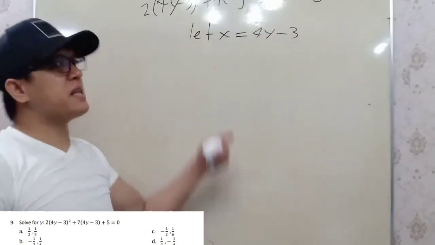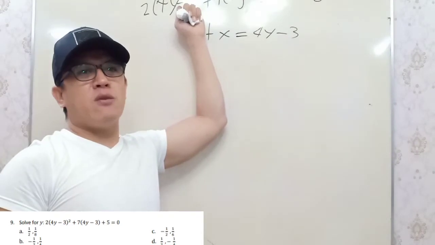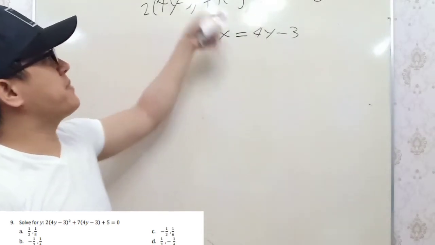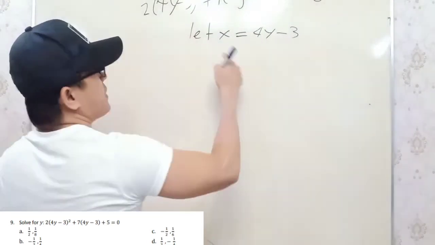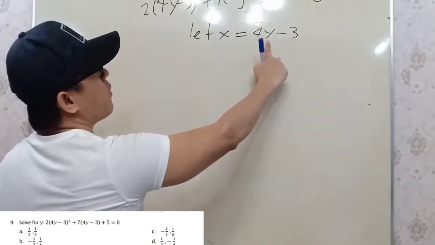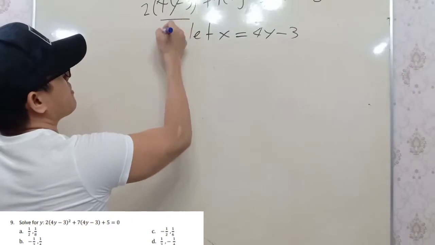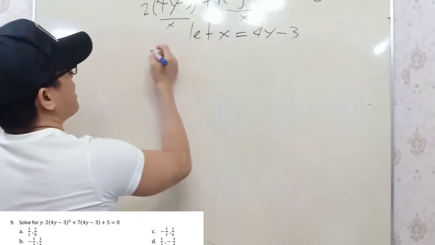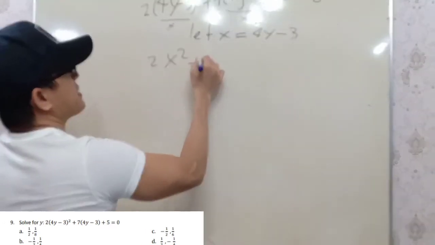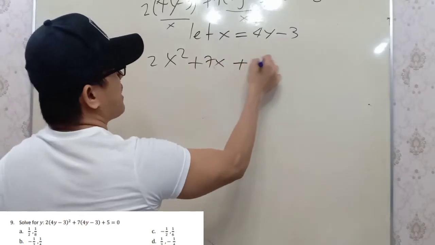So ganito yung gawin natin kasi medyo malaki siya kung i-expand natin to. Okay, so pag i-expand natin sobrang laki. So we'll just have to let x for 4y minus 3. Okay, so that means using this one, this becomes x. This one also becomes x. So we have 2x squared plus 7x plus 5 is equal to 0.